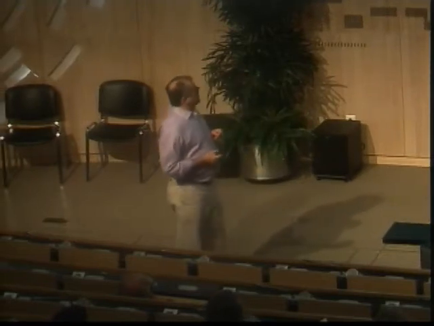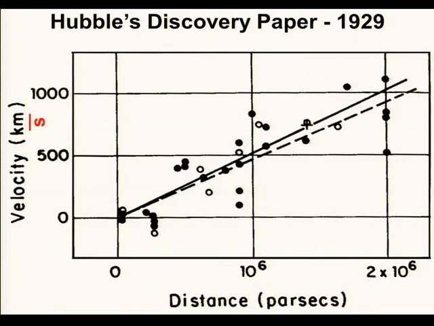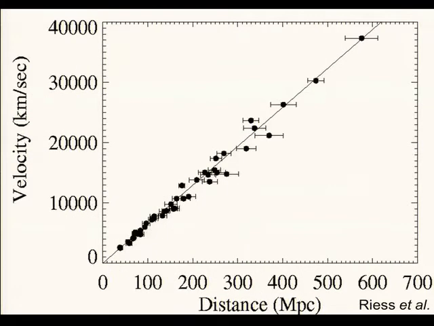This is a modern diagram of the velocity as a function of distance, the same type of diagram that Hubble did in 1929. This is 2005 or something like that. And you see, first of all, there are error bars. You can't see them for these down here because the errors are so small, but there are error bars.